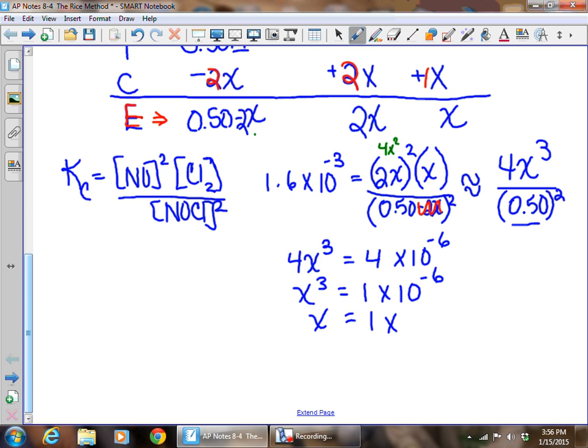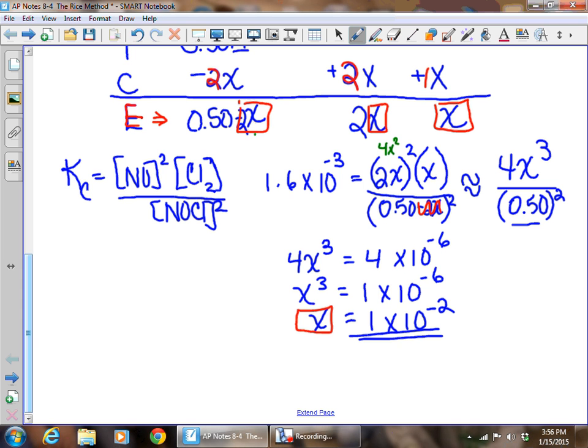Now, what does that mean? I've got an x. What is that telling me? Well, now it's time to go back up here. We know x now, and all of these values are in terms of x, and it wants to know the concentrations for all of them. So let's do that real quick.